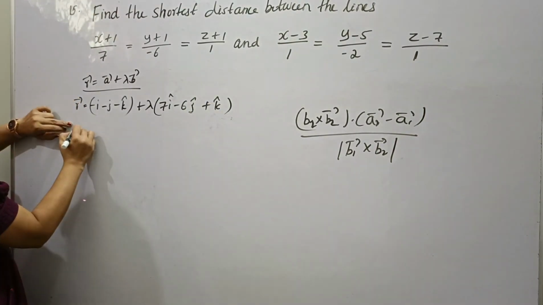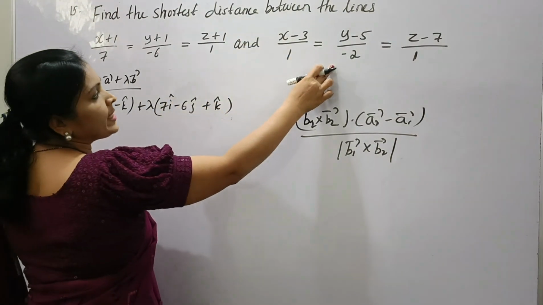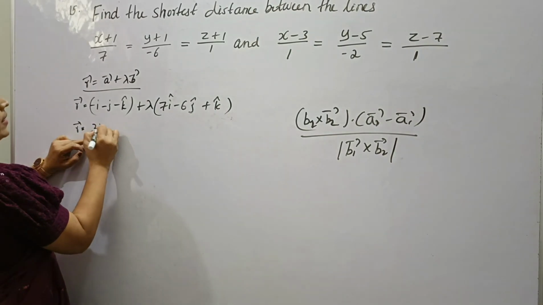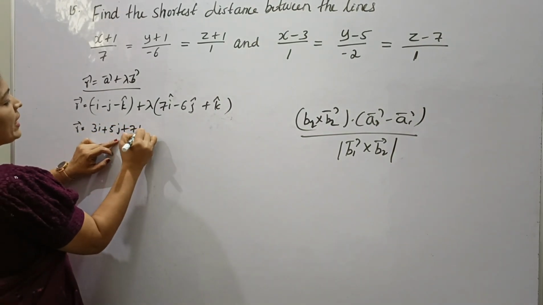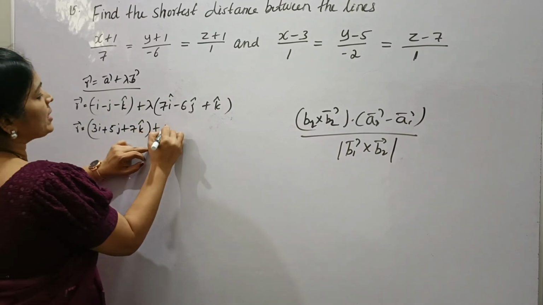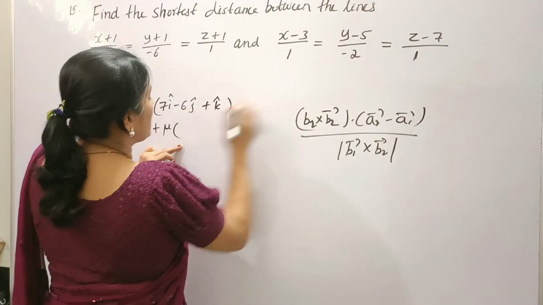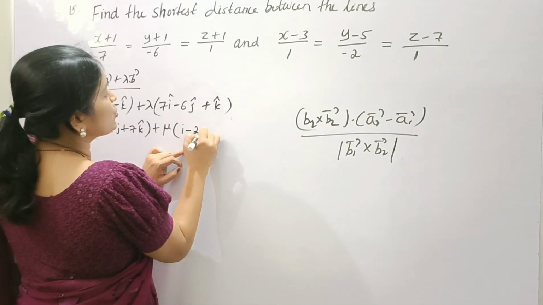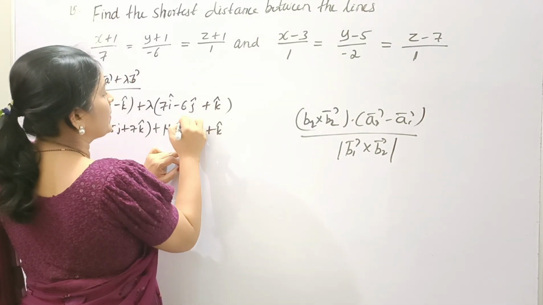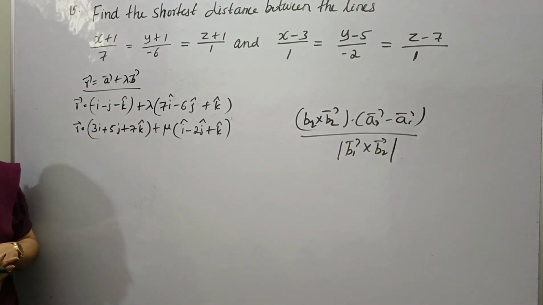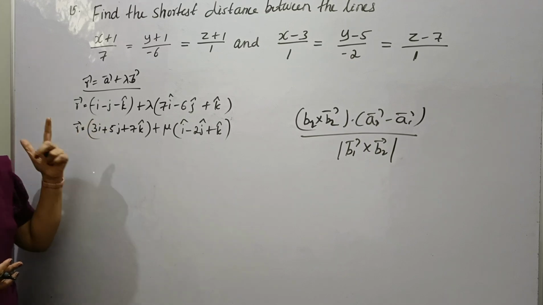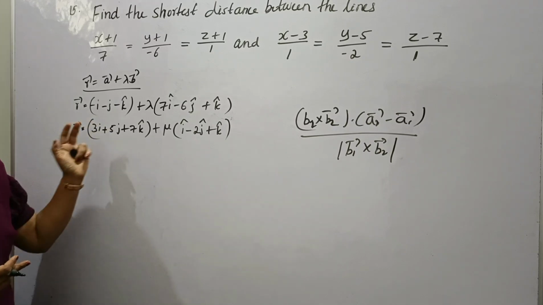Next, vector r is equal to, next equation, 3i plus 5j plus 7k plus mu into i minus 2j plus k. Now these are the given vector equations of two lines.